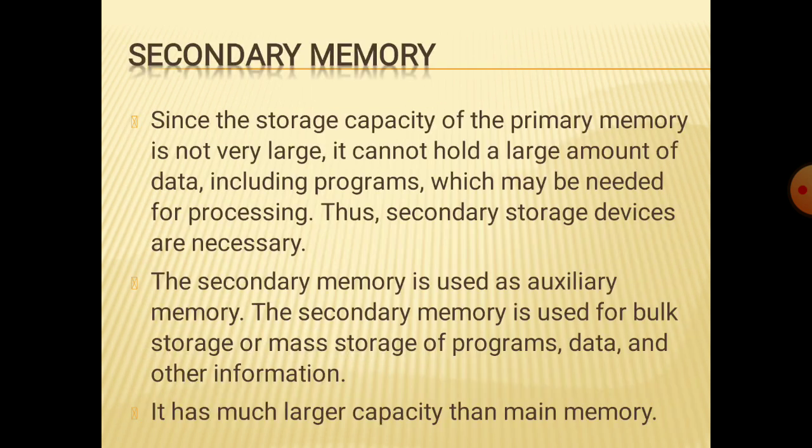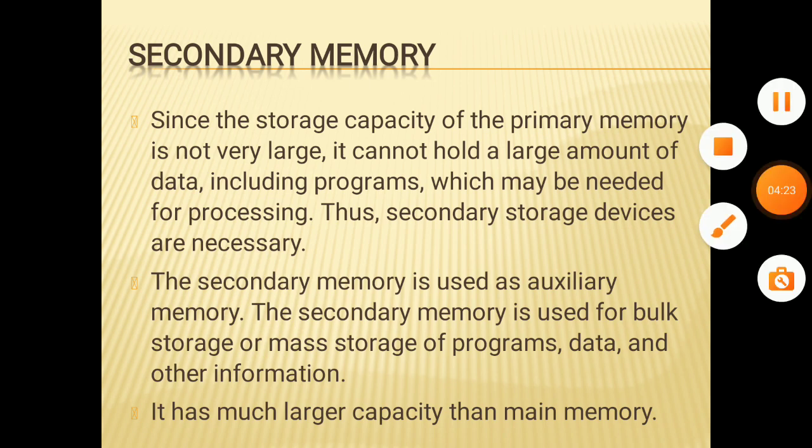Next we'll move to see about your secondary memory. First we'll see the general features of secondary memory, then we'll study the classification of secondary memory in detail. The storage capacity of primary memory is not very large, as we had seen; it is very less.